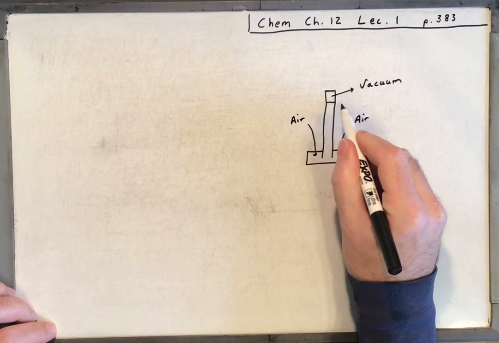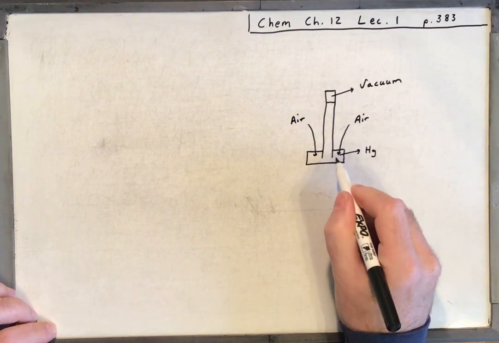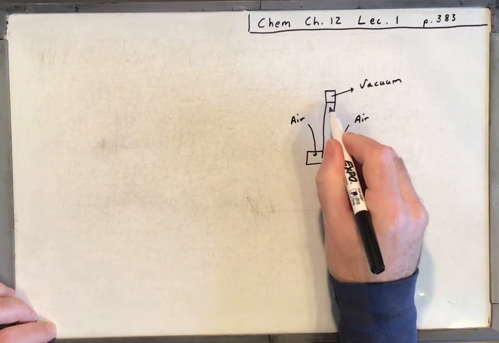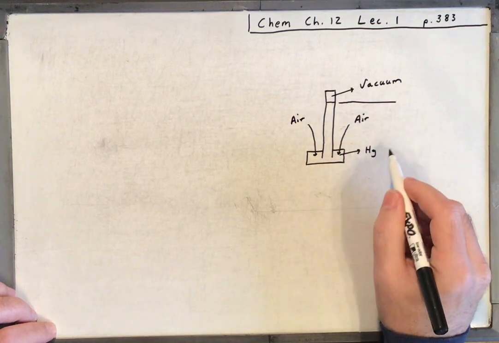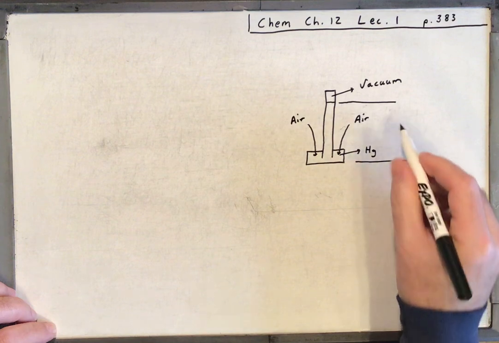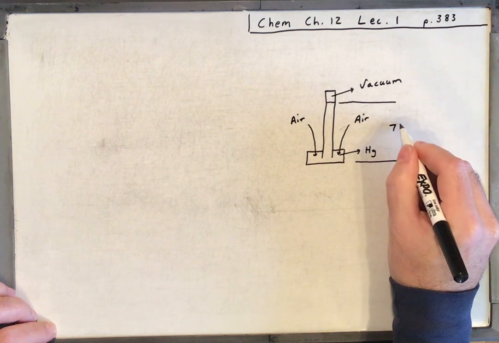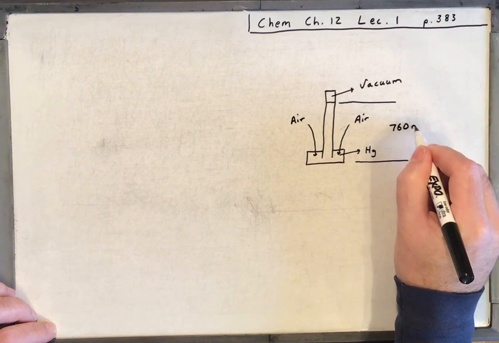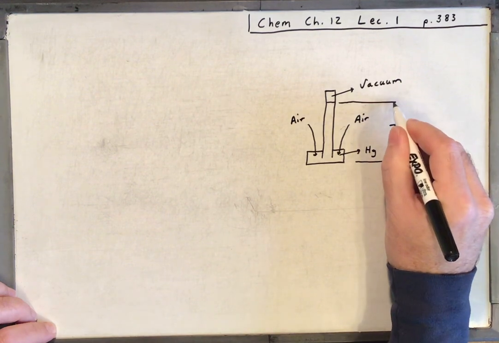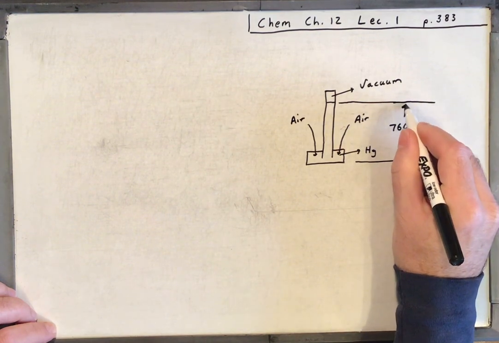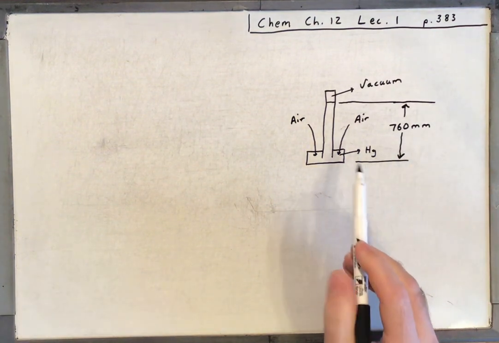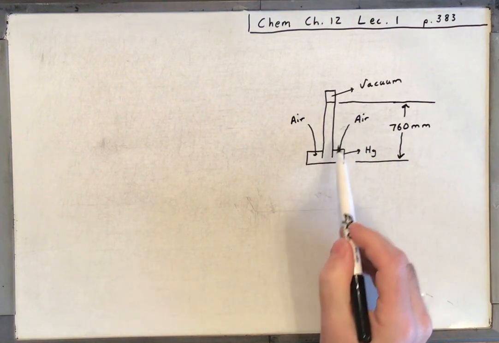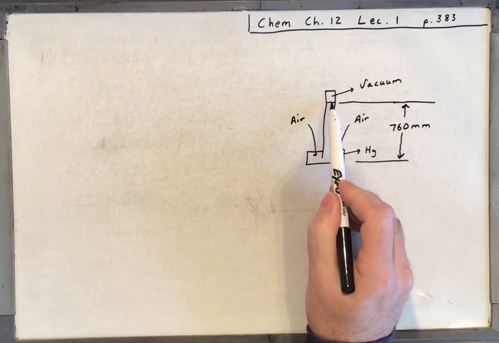Now, on a normal day, the mercury fills up this tube, fills up this column, and the height of that column is 760 millimeters. On a high pressure day, the air would be heavier, and the mercury in the column would rise.